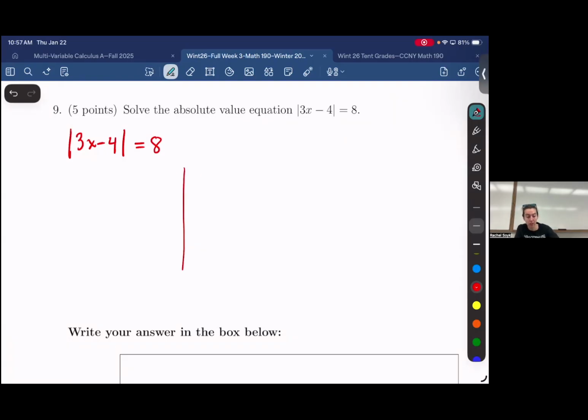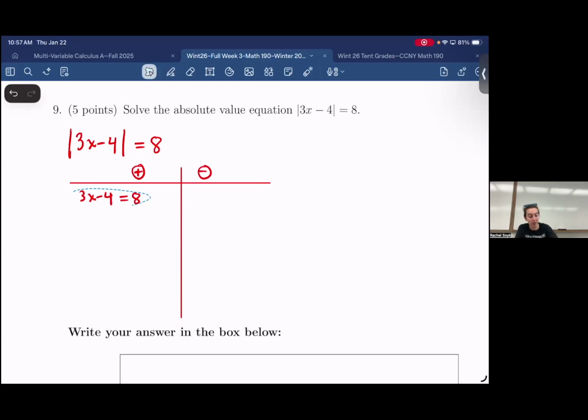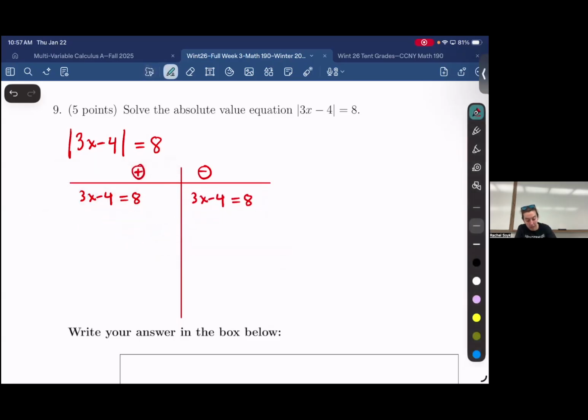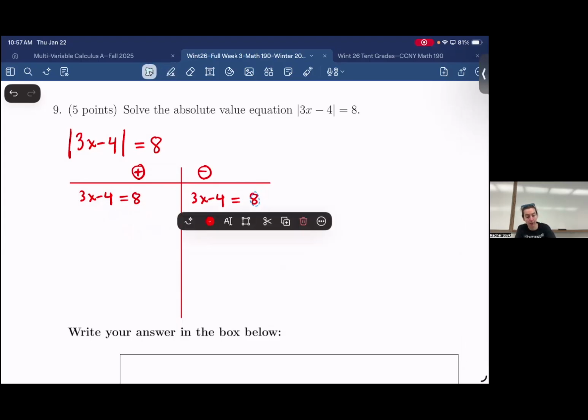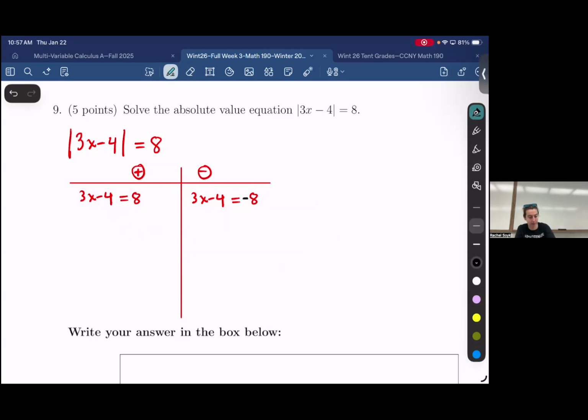Second step, we have to walk into the positive and negative version. So positive version, we drop the absolute value and leave as is. Negative version, we just take the positive case, but that right-hand side is now being multiplied by a negative 1. And now we can solve.